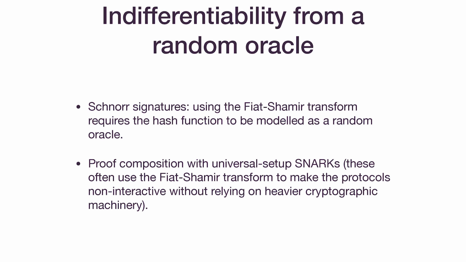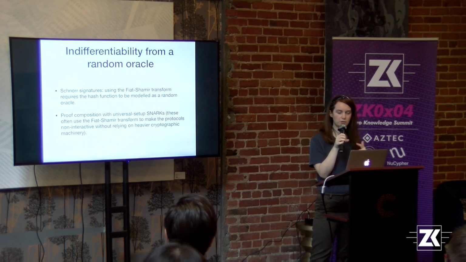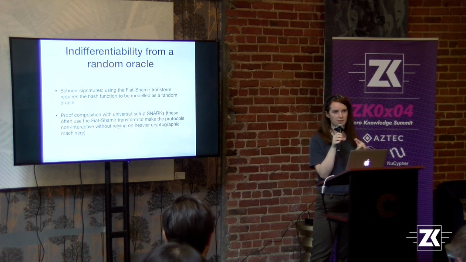And as well, if you want to compose SNARK verification with some of the newer SNARKs that are being produced, like the universal setup SNARKs, a lot of the time these use the Fiat-Shamir transform as well. It's the same: if you have an interactive protocol where you have a prover and verifier, you can replace that verifier interaction with a hash function.